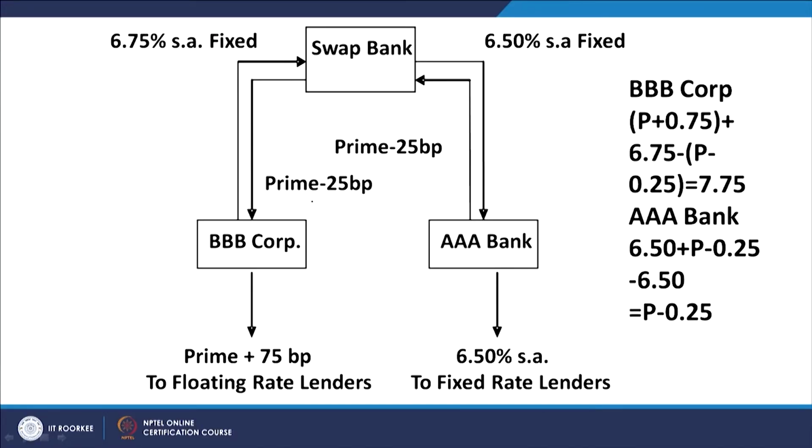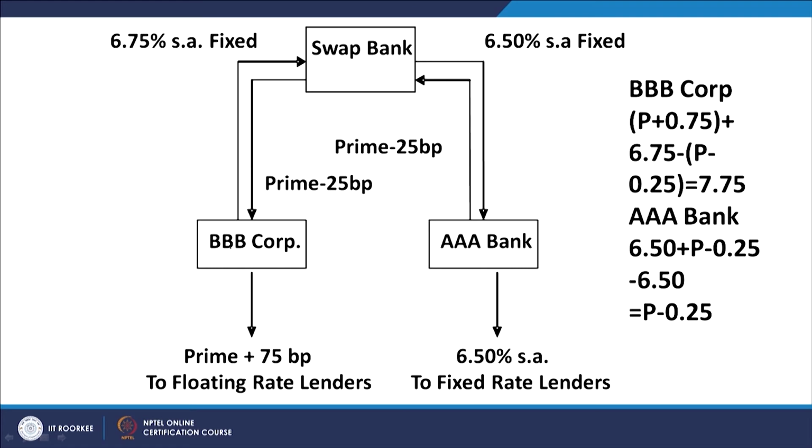So, what is the net result? The net result is that this prime and this prime cancel out. So, as far as BBB is concerned, it is making a fixed rate payment of 6.75% here plus 1% add on that it is giving here. So, the cost of funds to BBB is 7.75%. As far as AA is concerned, it is receiving 6.50%, passing on 6.50%.